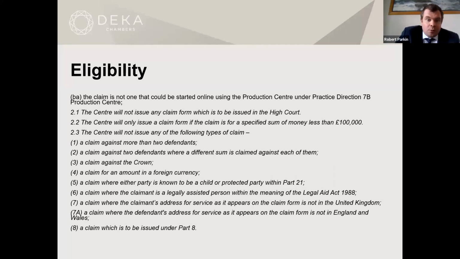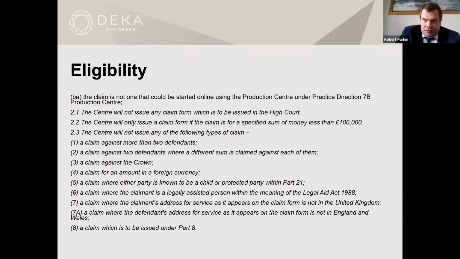So, for example, with the production center, suppose you had a claim that had to be issued in the High Court. You could not issue that through the production center. So you potentially could issue that through DCP. However, if you had a claim for a sum of money which is less than £100,000 and all of the other requirements are met, you potentially could start that claim in the production center.